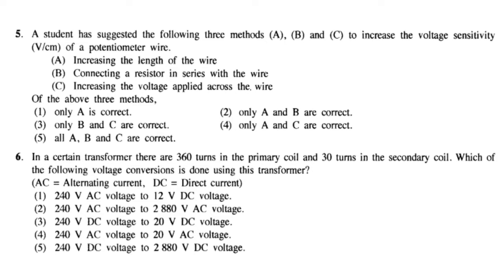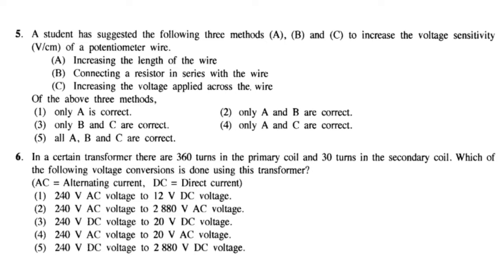So the potential difference across the potentiometer wire decreases. And then potential difference per unit length also decreases. So sensitivity increases. B is right. Then answer C, increasing the voltage applied across the wire. When the voltage increases, potential drop per unit length increases, so sensitivity decreases. C is not right. Answer 2.